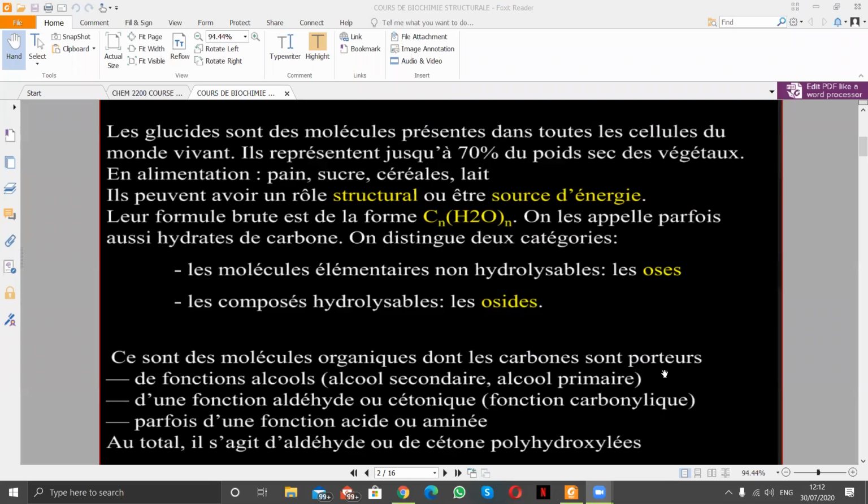They are commonly known as sugars. I can say a carbohydrate is a sugar. Why are they known as sugar? Because most of them have a sweet taste.